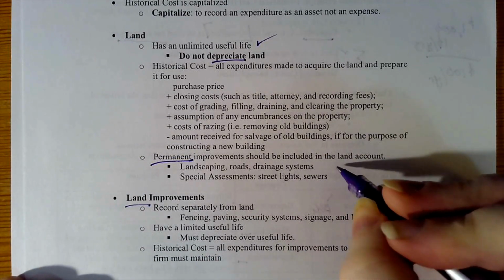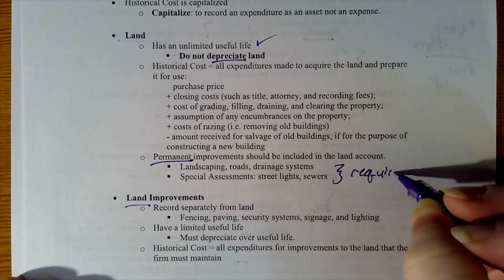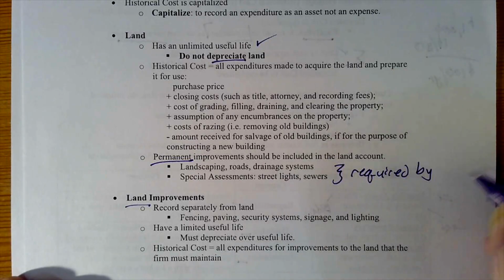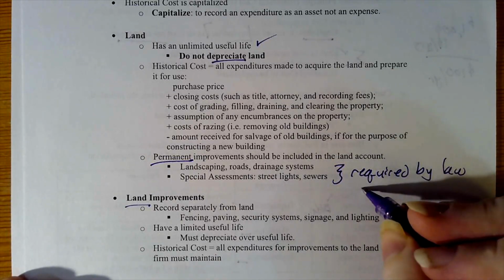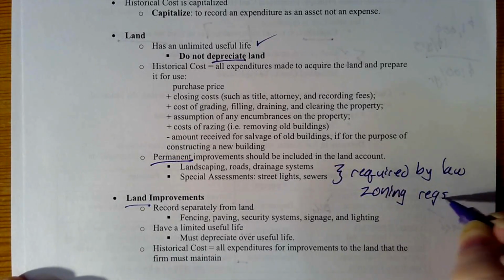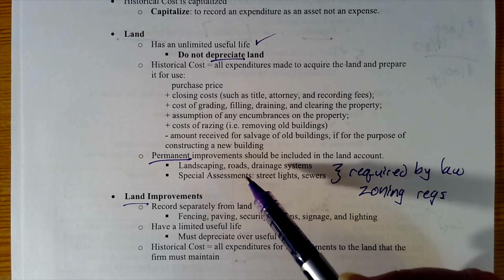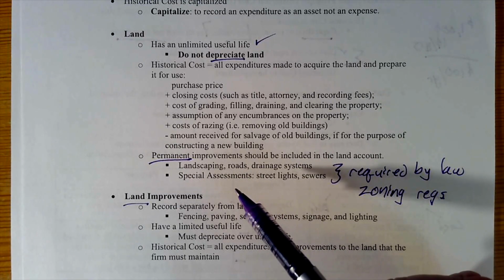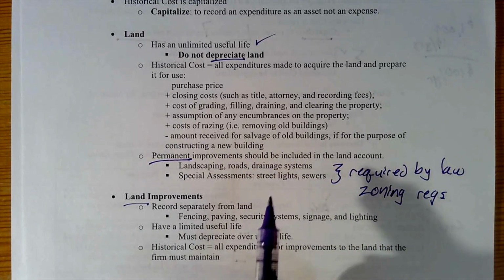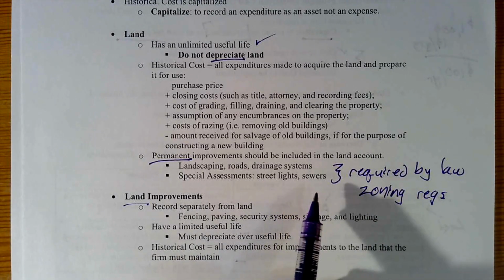So look at these as required by law or by ordinance, maybe. These are sort of zoning regulations. So you buy a piece of property, and if the area stipulates that a road needs to go through there, you have to address that, and that it has drainage systems, sewers and street lights.